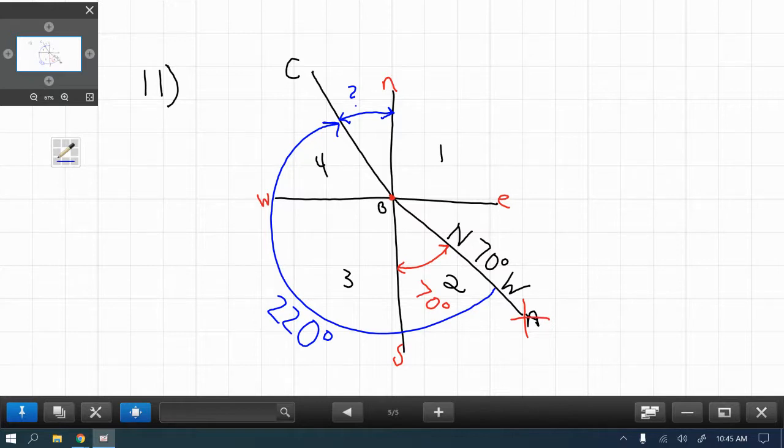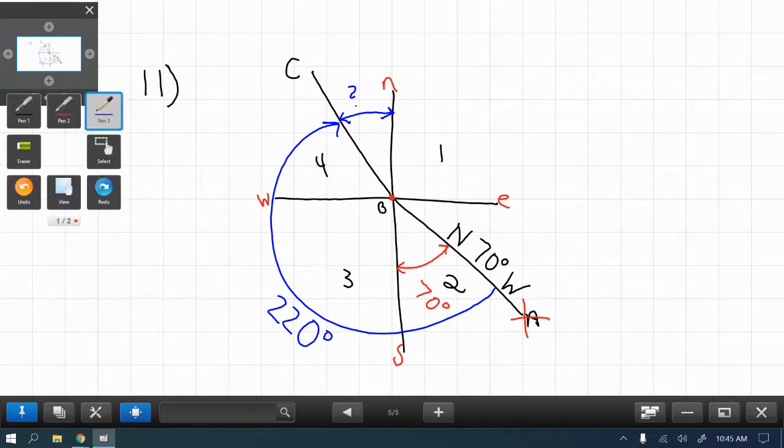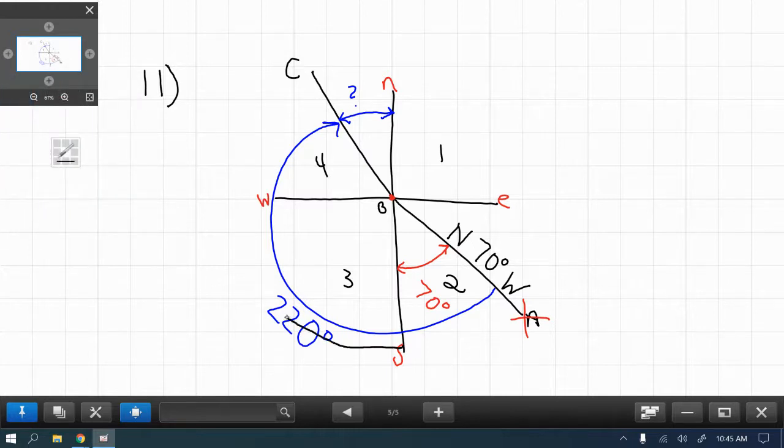You want me to tell you what I would do? I just went the opposite way. Okay, well, you could. I would say, okay, if that is 70 from here to here, 20 degrees is 90, then 90, and if that's 220, I'm going to go ahead and subtract the 220, take the 70 out, and that'll leave me, okay, you did the opposite way, that'll leave me then with this right here.